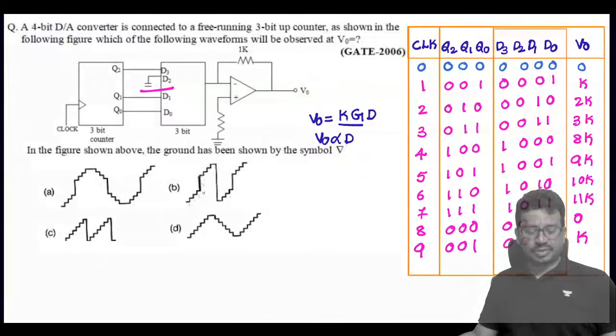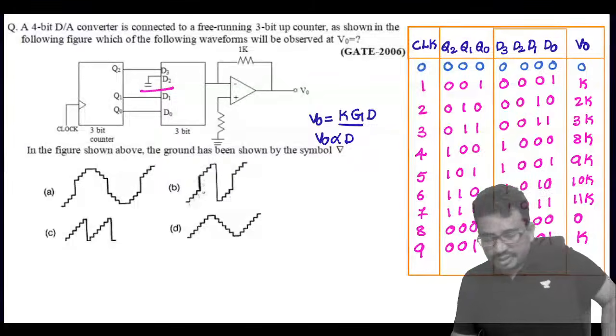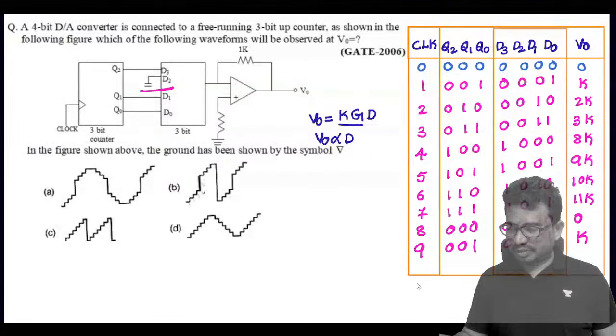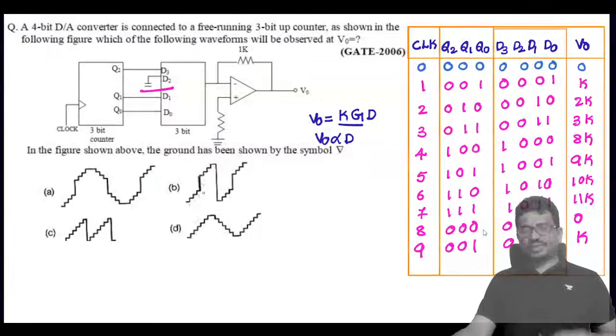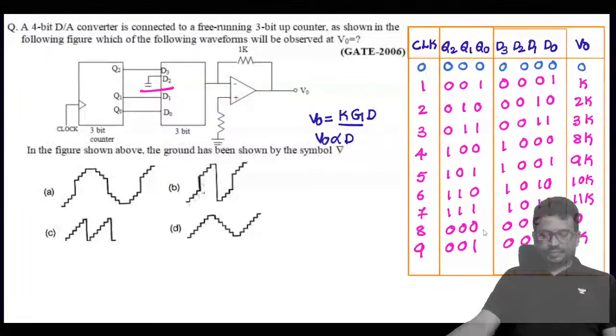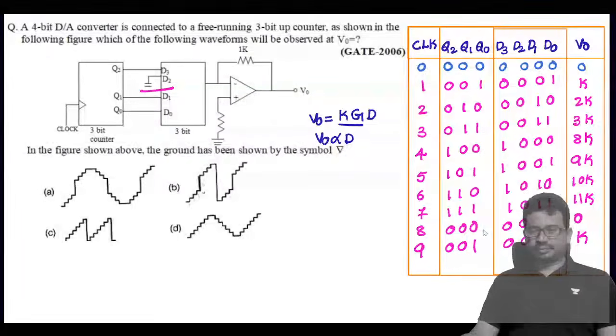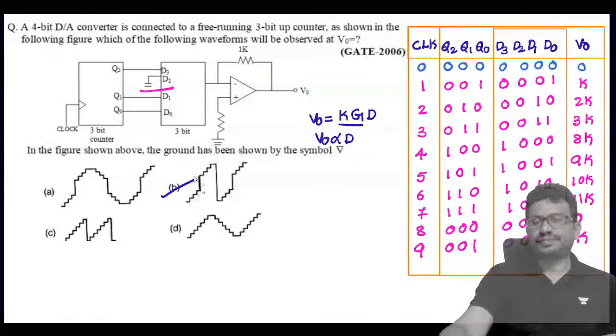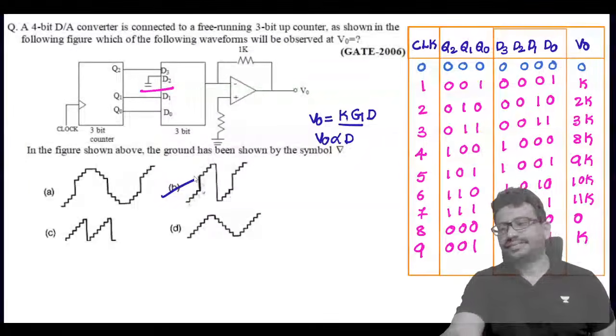From this we can easily observe the output. Now tell me how much. Option B. Right.